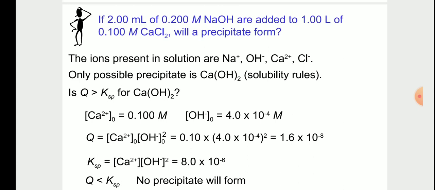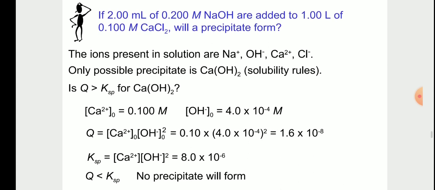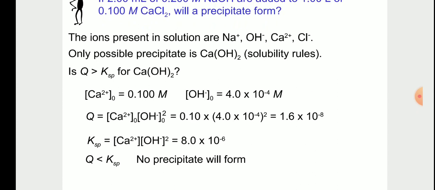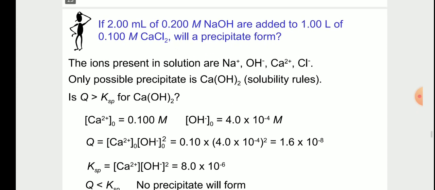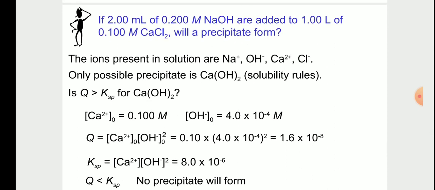Here the concentration of the calcium ion is 0.1 molar, and the concentration of the OH minus is 4.0 into 10 to the power minus 4.